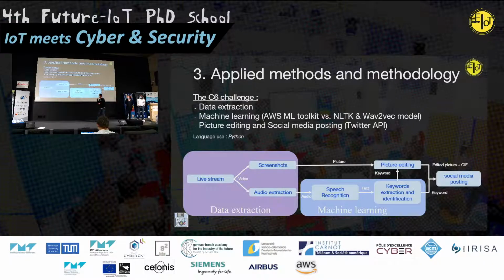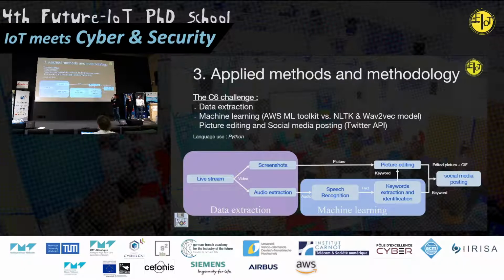Then we pass it to the machine learning step, where we use two solutions. The first one is with the AWS toolkit, and the second one is with NLTK and the Wave2Vec model, the pre-trained model from Facebook.